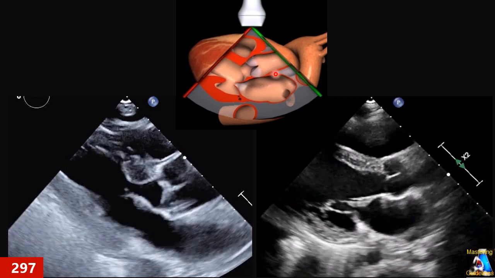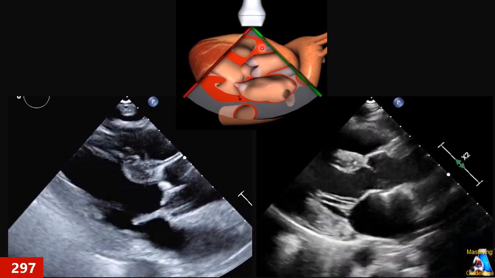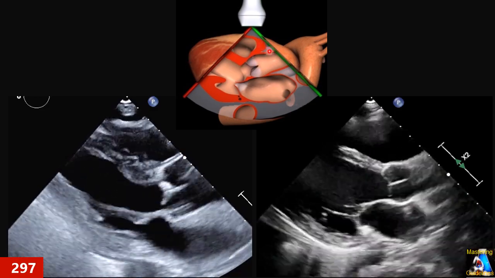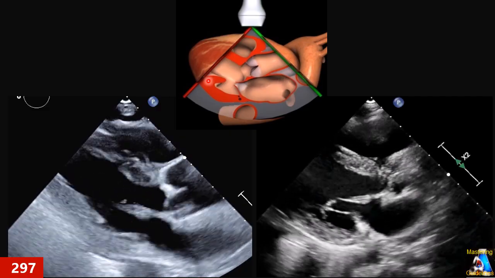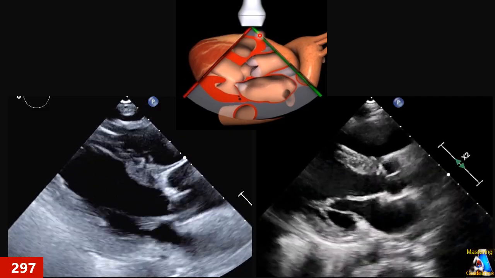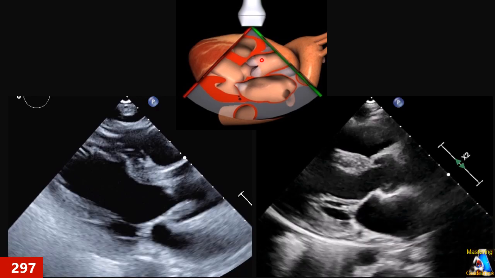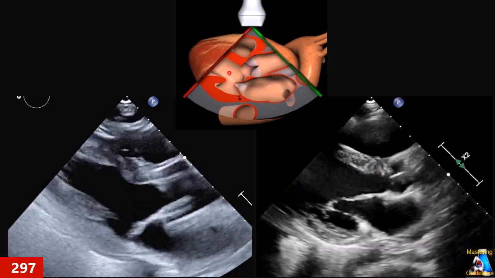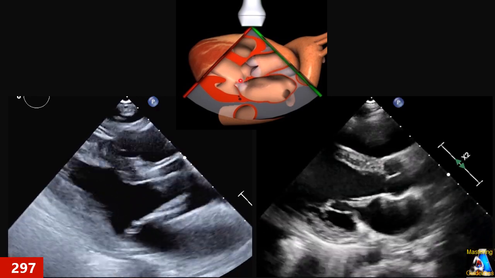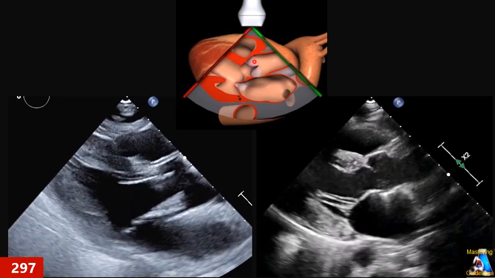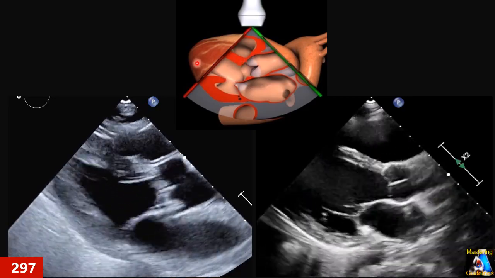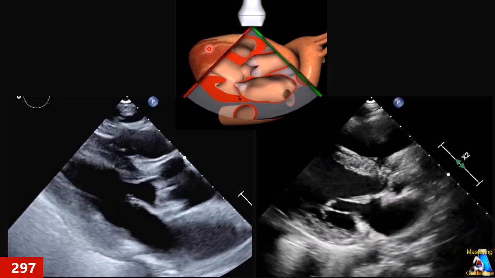So we have two parameters: one is the size of the heart, and the other is the width of the sector. Most machines are set based on the sector size and the heart size, so if we get images with those characteristics, we shouldn't see all of the left ventricle.